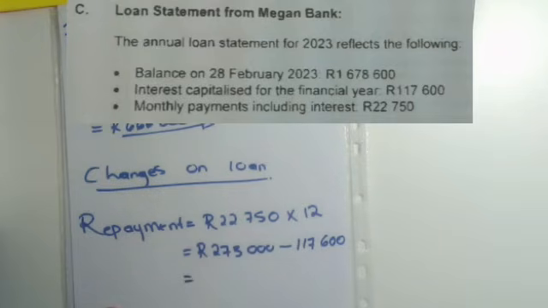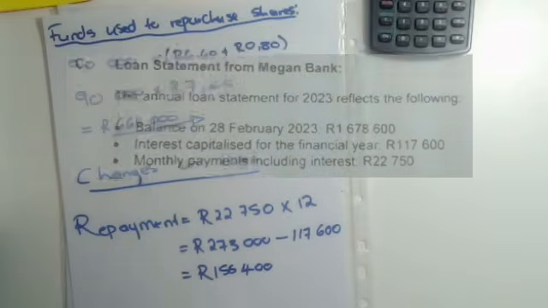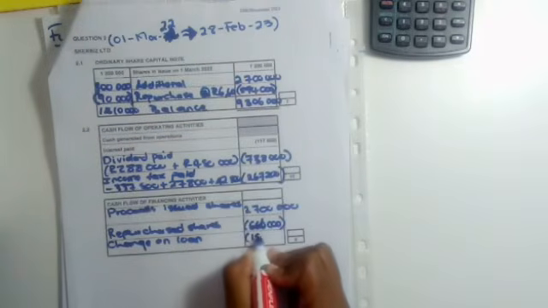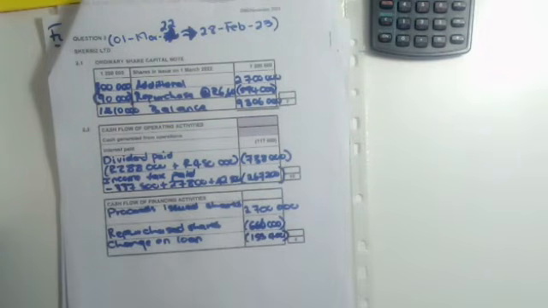So the amount that I'm actually repaying without interest is 155,400, and this is what I'm recording in my changes on loan. The amount goes in bracket to show that it's a payment and therefore a cash outflow, and that would be the end of your cash flow statements as far as this question is concerned.